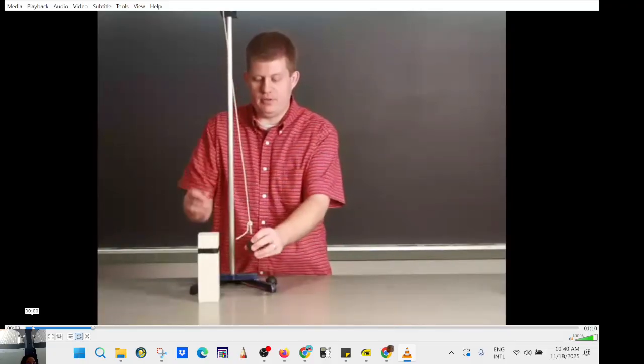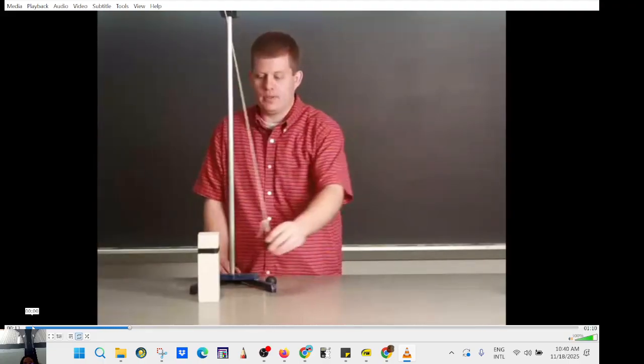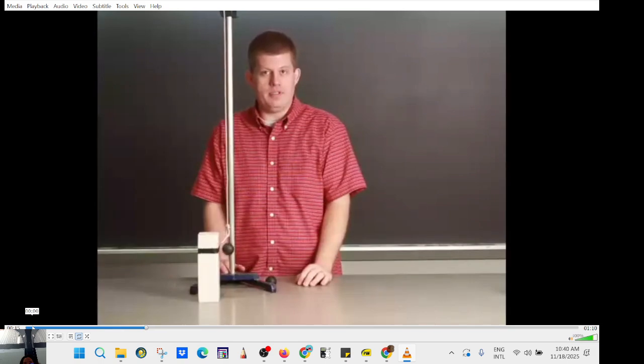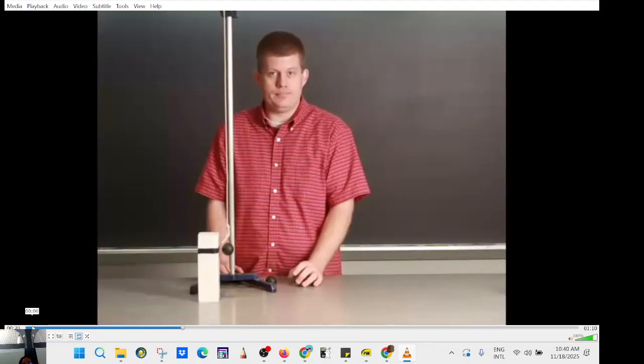We're going to take the string, bring it back, and release it so it hits the block. The question is, what will happen to the block? Will it stay upright or will it fall?